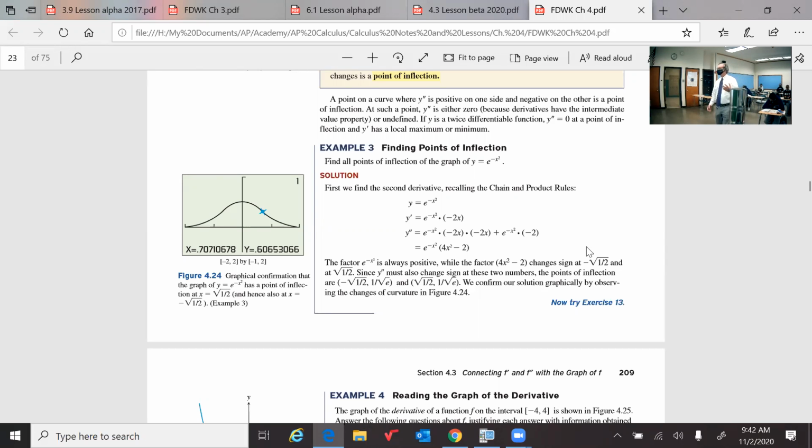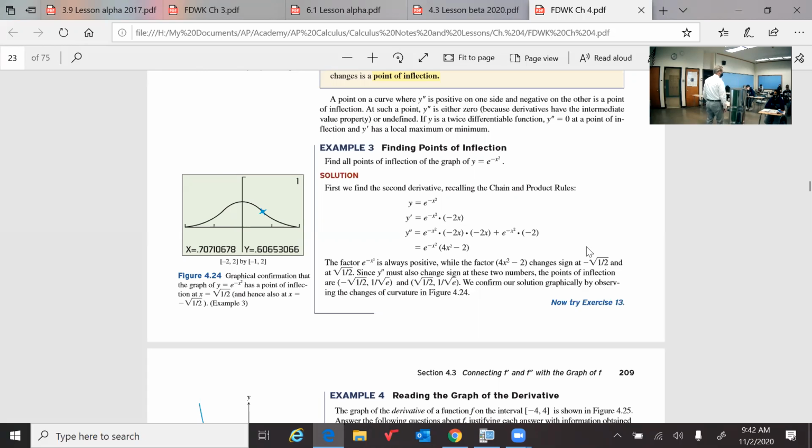But it says, find all points of inflection. So what are we going to do? We're looking for the critical values. We want to set the second derivative equal to 0. If you have a point of inflection, then the second derivative is 0 or fails to exist.